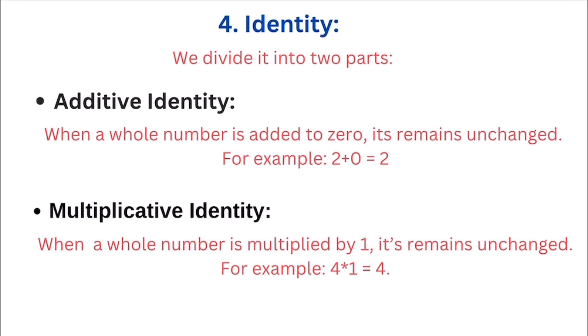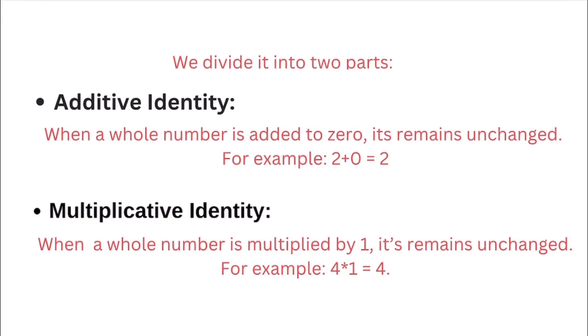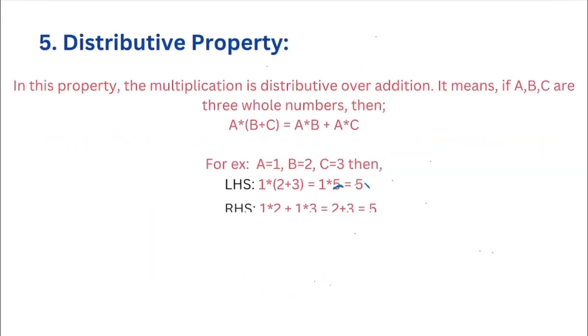So what's next? Next is the distributive property. In this property, multiplication is distributive over addition. It means if A, B, C are three whole numbers, then A multiply B plus C is equal to A multiply B plus A multiply C, right?